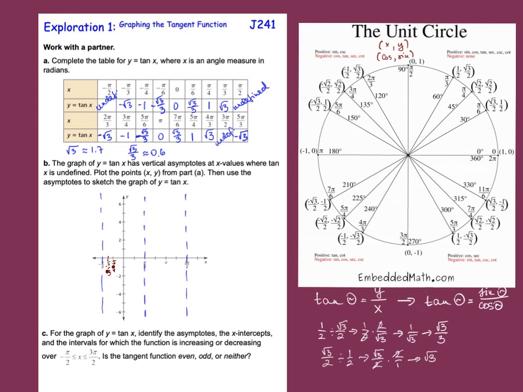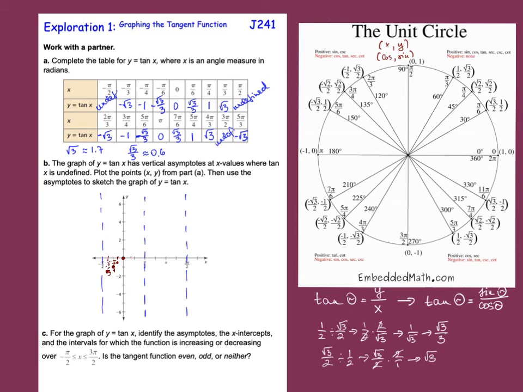So then I'm going to put my point over here. Then I go to negative pi over 6. So that's about here. And again, I have about negative 0.6. So I'm going to graph that here. And at 0, I have 0.